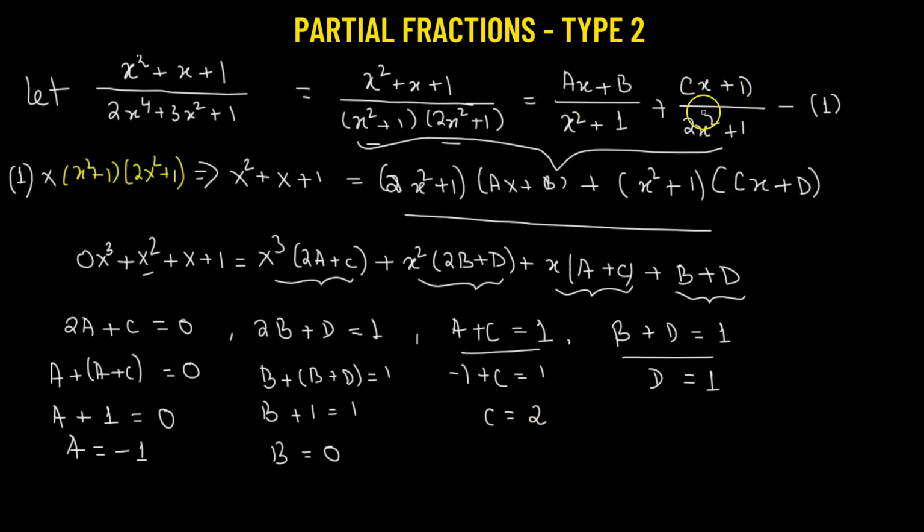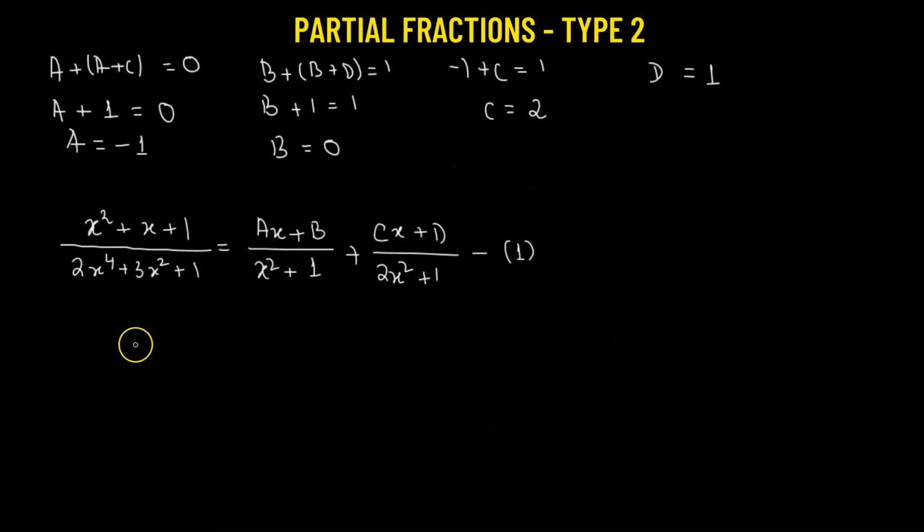We'll replace all these values back in equation number 1, and this is going to give us the required result. So let's do that. So here we have the value of a, that's negative 1. So we have negative 1 times x plus 0 divided by x squared plus 1, plus cx, so c is 2, so we have 2x plus d, whose value is 1, divided by 2x squared plus 1.